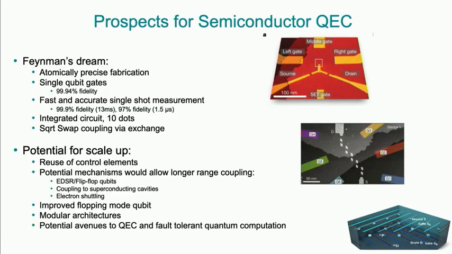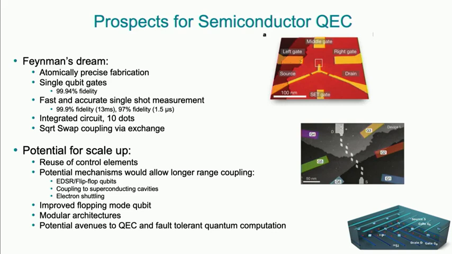So I guess, what have we seen in this talk? I've shown you at the beginning a bit of Feynman's dream, the idea of being able to fabricate devices atom by atom and build up the types of devices that you would like. We saw atomically precise fabrication.